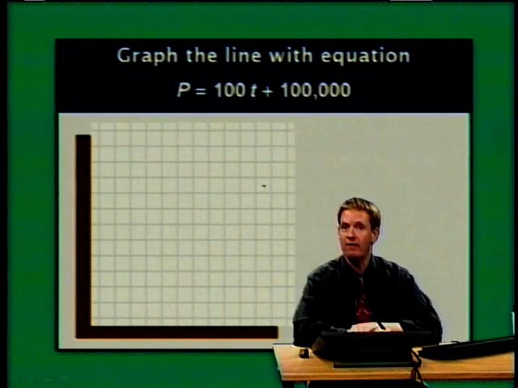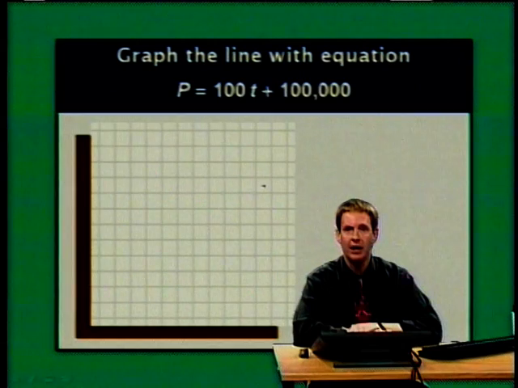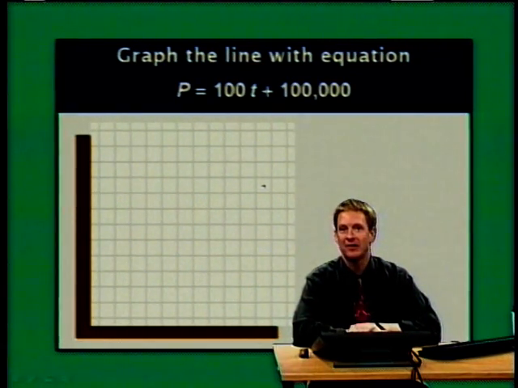Well, when you have a lowercase letter and a capital letter in a linear equation, it is also almost always the case that the capital letter is the dependent variable. The third thing, when we have a lowercase t in an equation, the lowercase t is also almost always the independent variable, because most of the time when you're using oddball letters like capital P and lowercase t, the lowercase t is representing some sort of time variable.